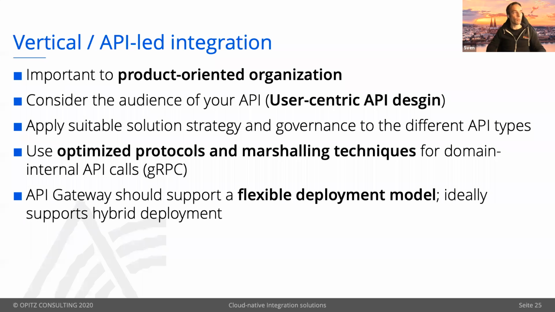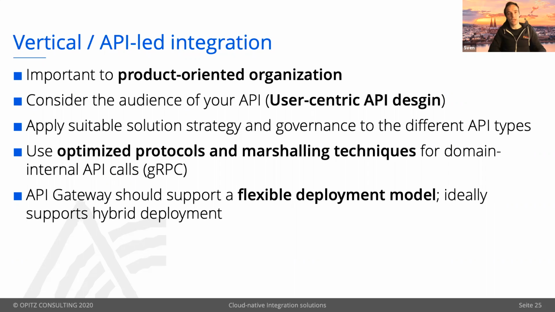So from a vertical API-led integration perspective, what is key is that we have a user-centric API design, and to achieve that, we need to introduce an API-first way of implementing API services, right?